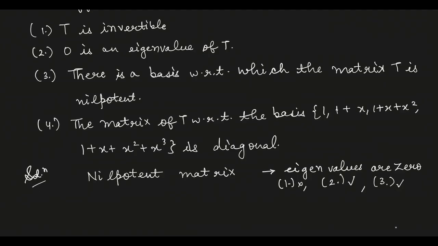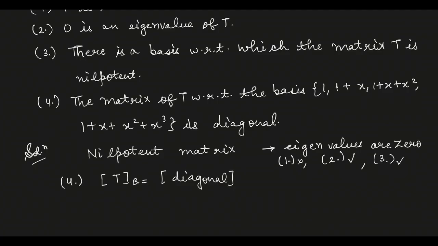And what about fourth? It is saying that the matrix representation of T with respect to this basis is diagonal.